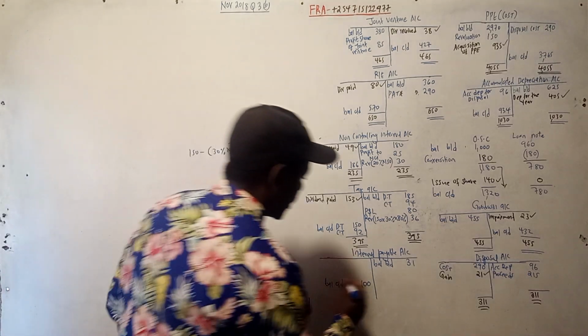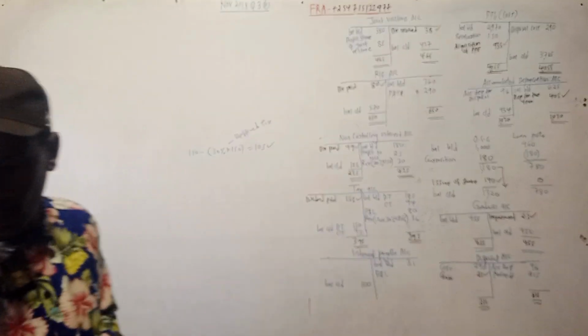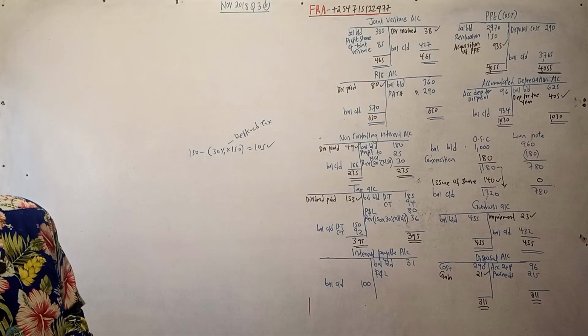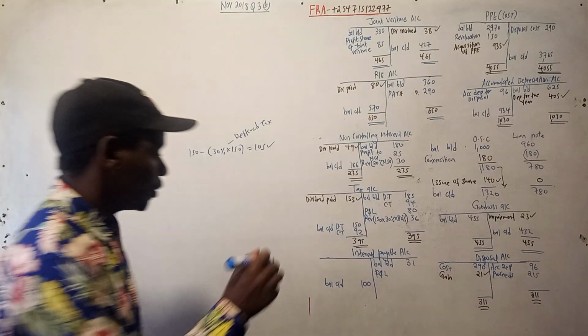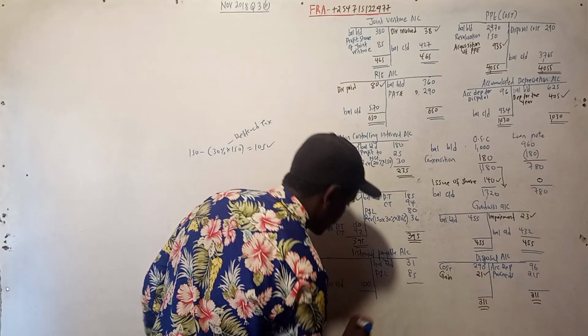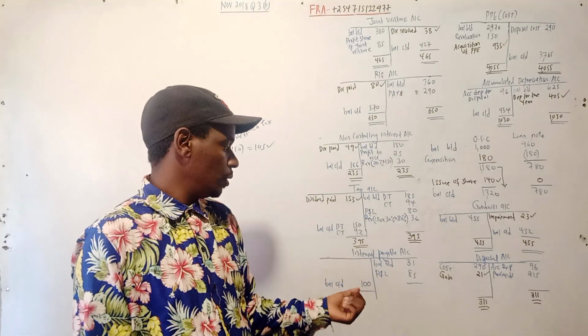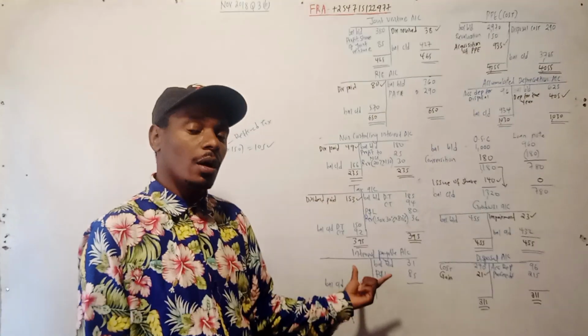So we call it the P&L, or you can call it finance cost. The finance cost is 85. Now remember, this is what I was explaining. In our previous question there was no interest payable account.